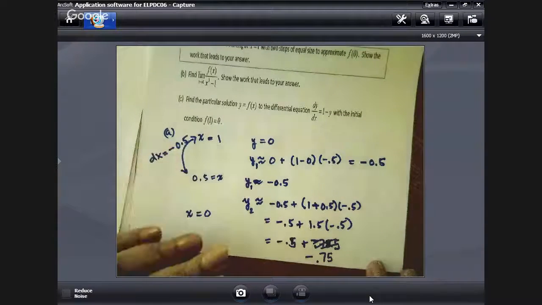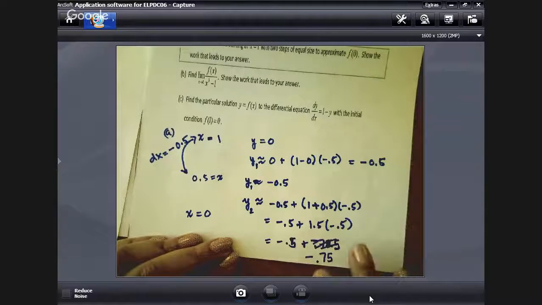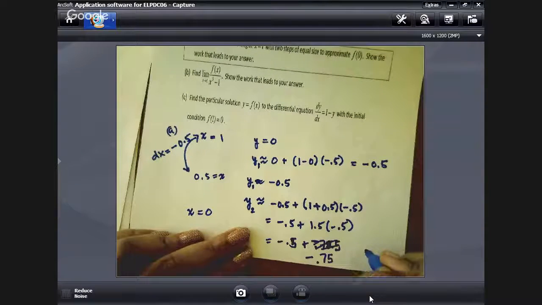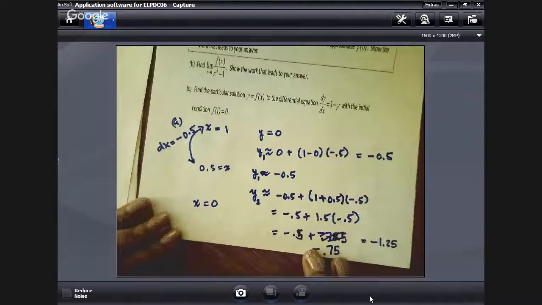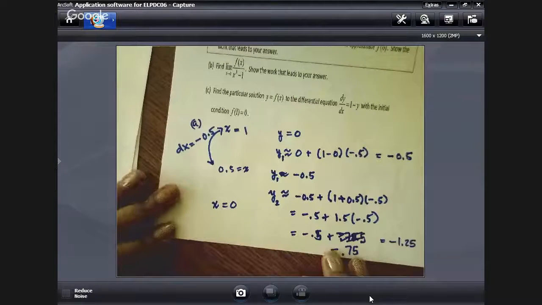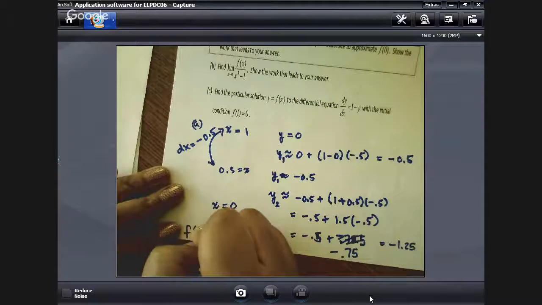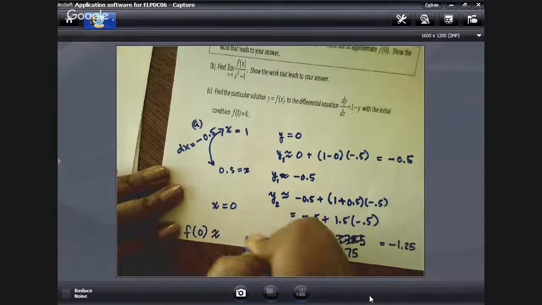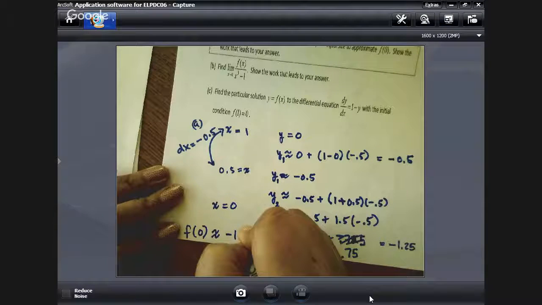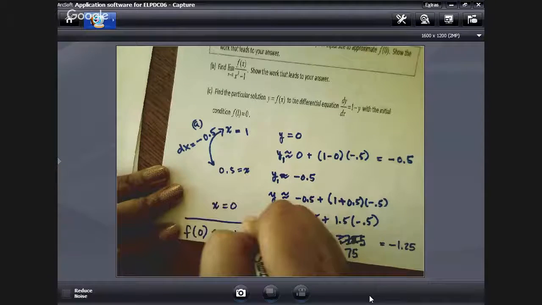Double that, I get 1.5, and it's negative because this was negative 0.5 to begin with, which is negative 1.25. So my answer here is f of 0 is approximately negative 1.25.